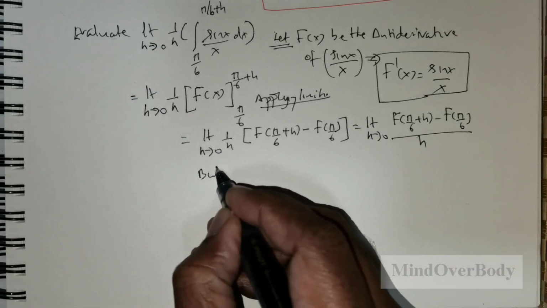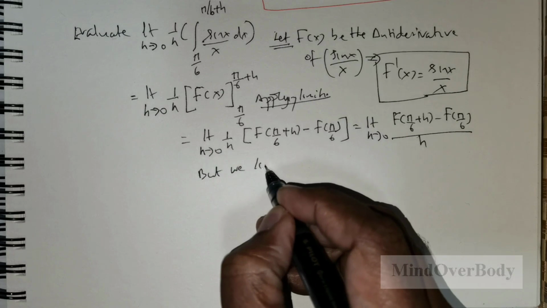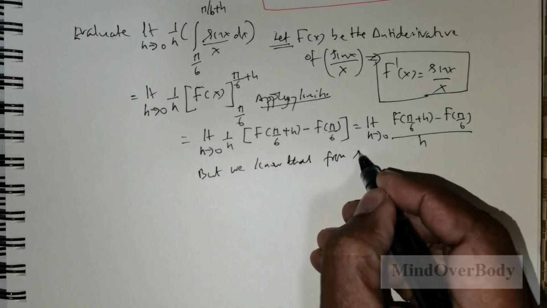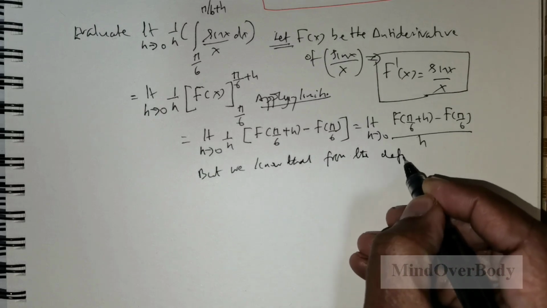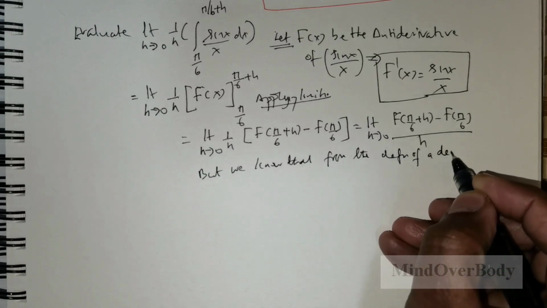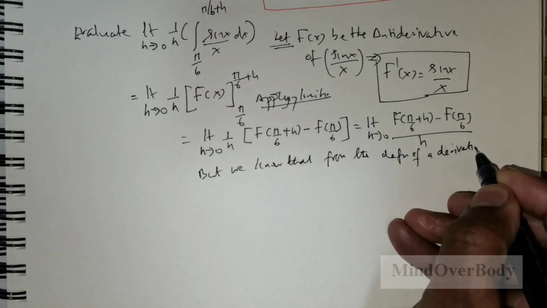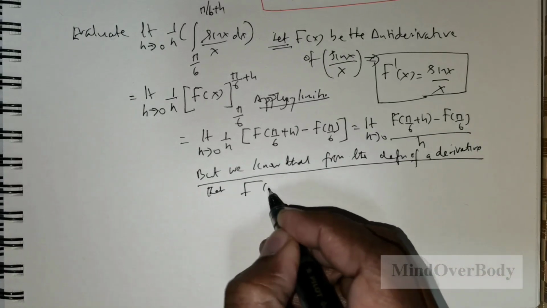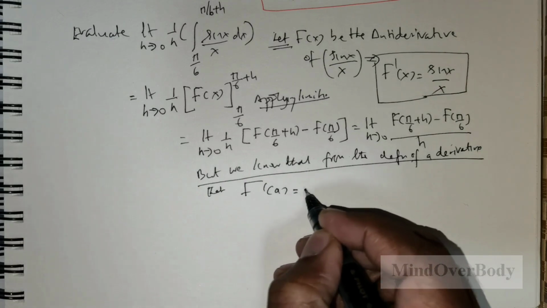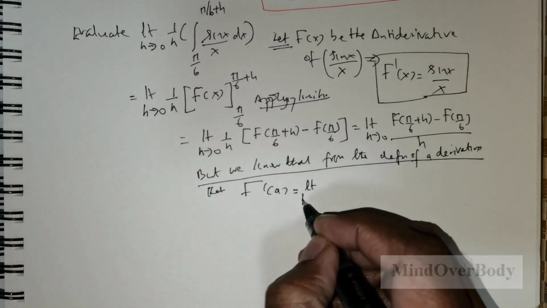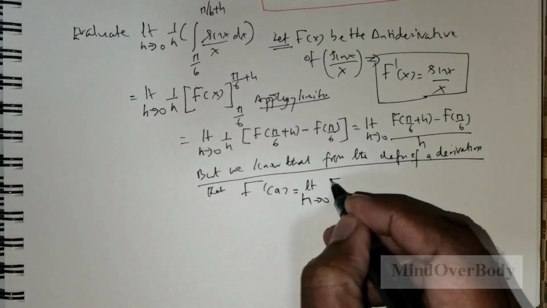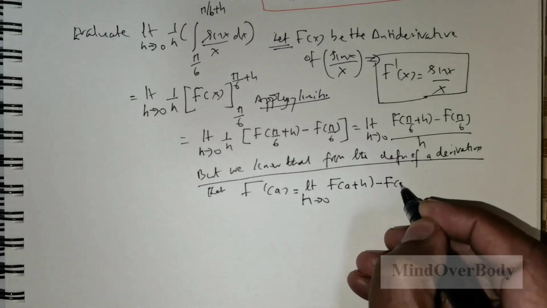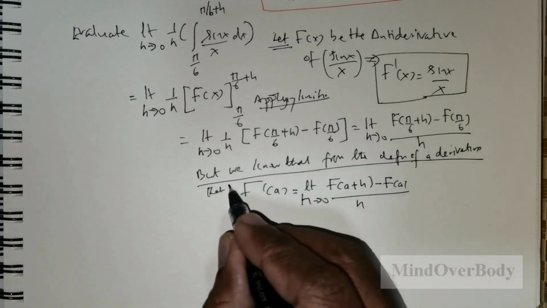But we know, from the definition of a derivative, that F dash of a is nothing but the limit as h tends to 0 of F of a plus h minus F of a, divided by h.